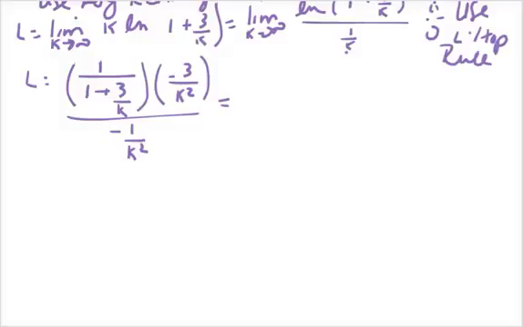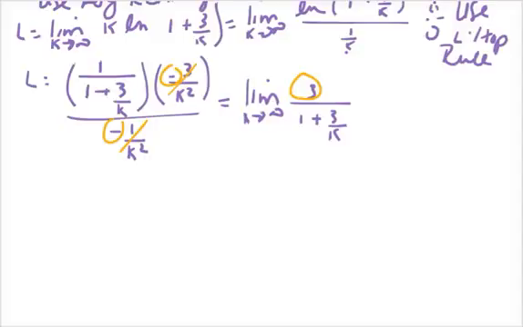Algebraically reducing this, you get the limit as k goes to infinity of 3 over 1 plus 3 over k, because these are going to cancel out. You're left with a negative and a negative, so a positive 3 over 1 plus 3 over k. So that 3 over k term goes to 0, and this limit is equal to 3.